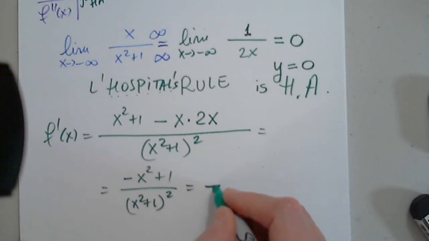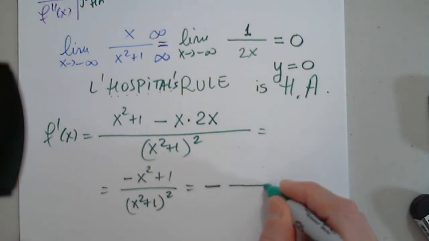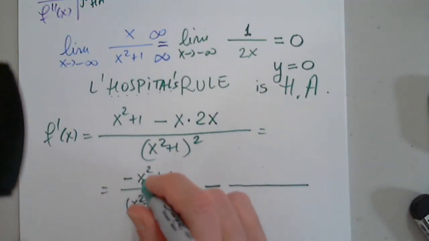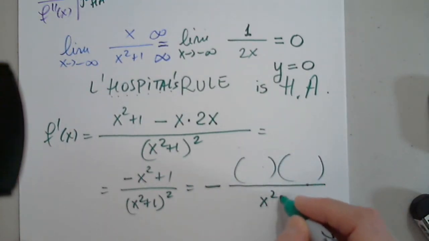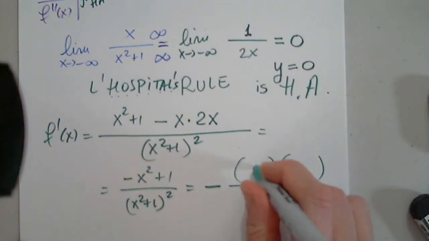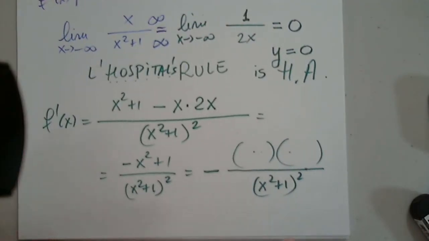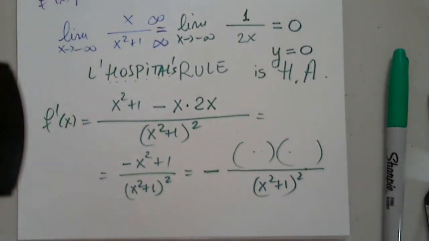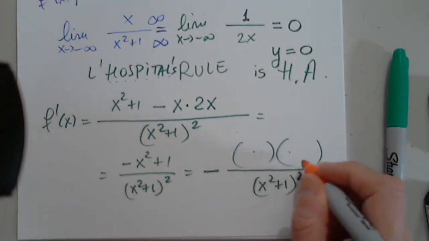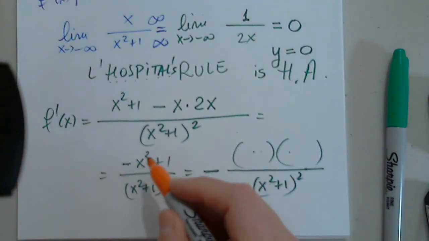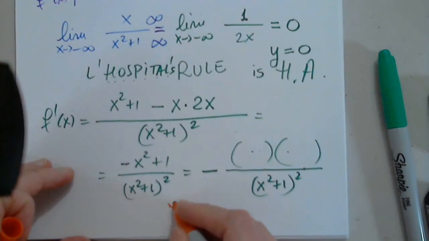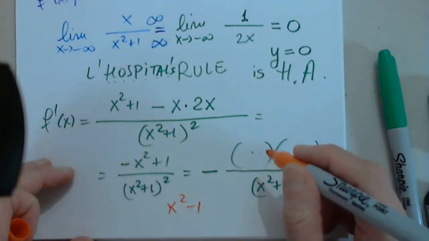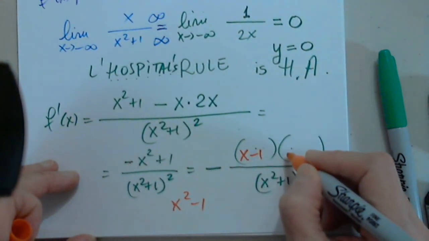And yes, I will factor out negative 1. How do I factor the numerator that now is x squared minus 1? I put this minus in front, so now this becomes x squared minus 1. How do I factor x squared minus 1? X minus 1 and x plus 1.